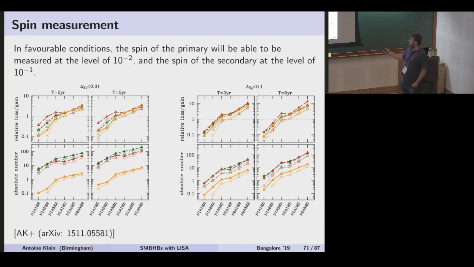And the spin of the secondary, because it has less impact on the waveform, we cannot measure it as well, but we can get 10% precision on the spin magnitudes.